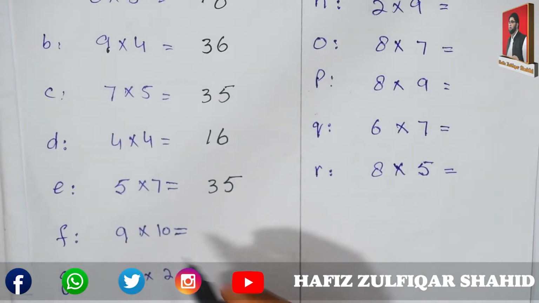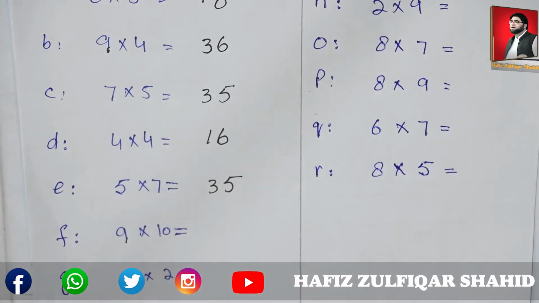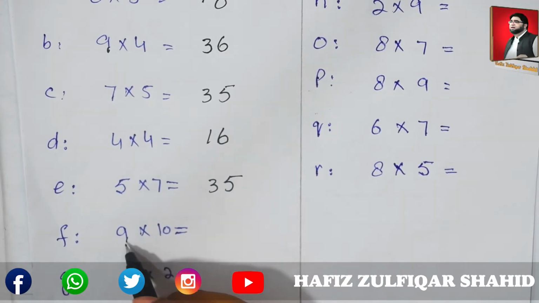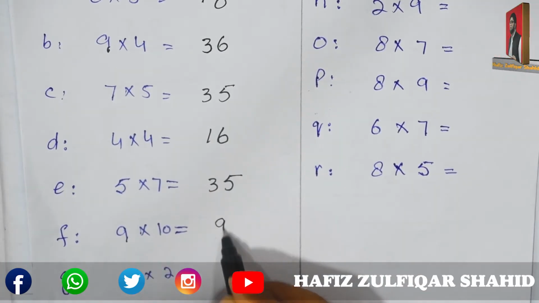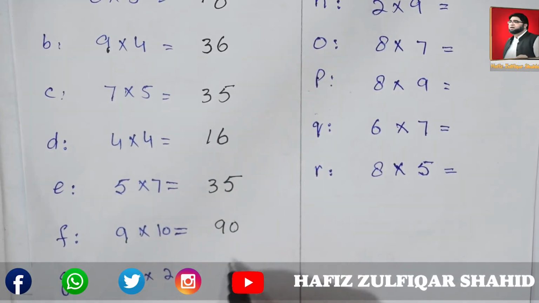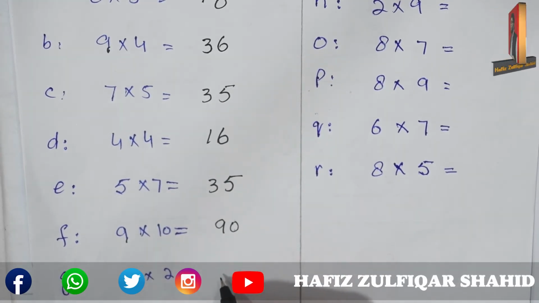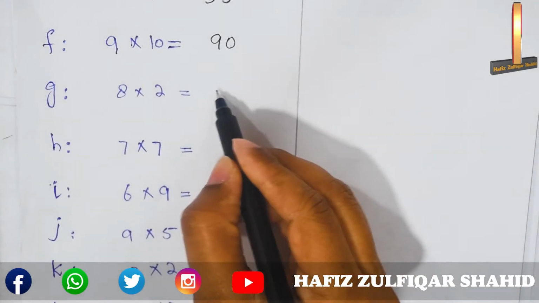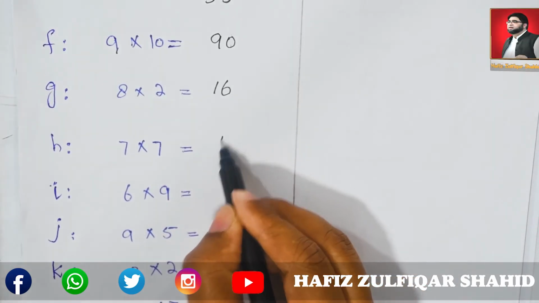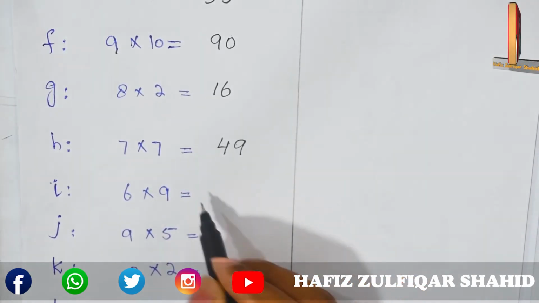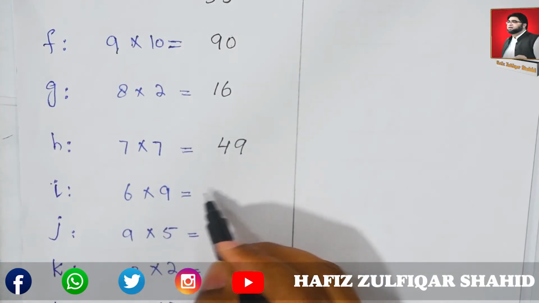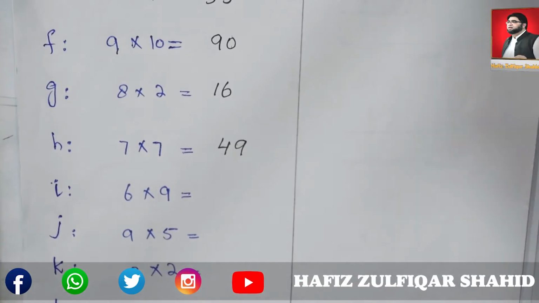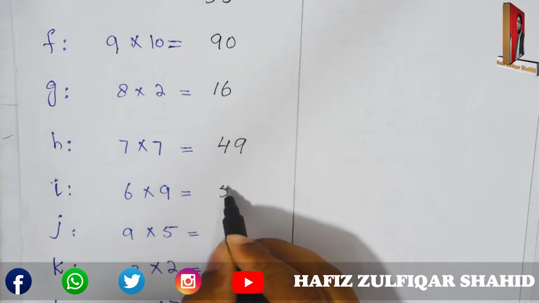Just by following the table you can write easily. 9 times 10 is 90. 2 times 8 and 8 times 2 is 16. 7 times 7 is 49. 6 times 9 is 54.